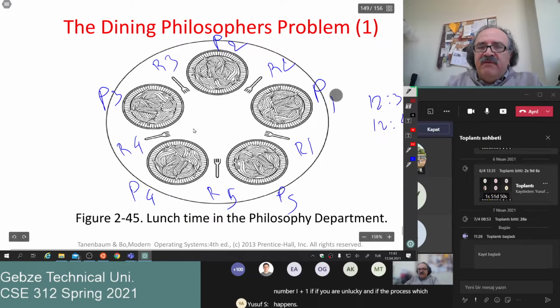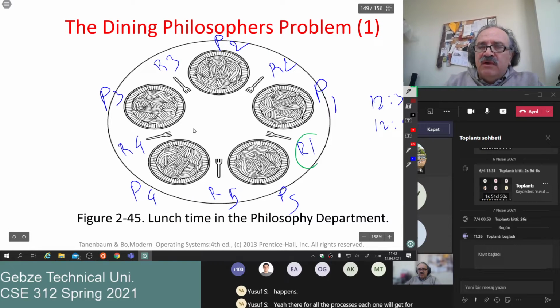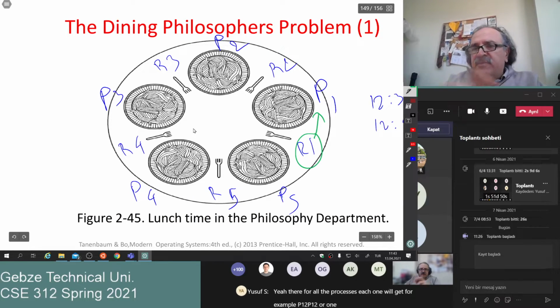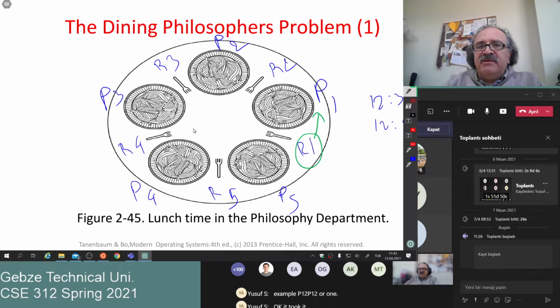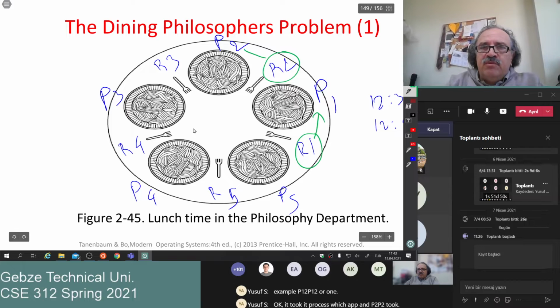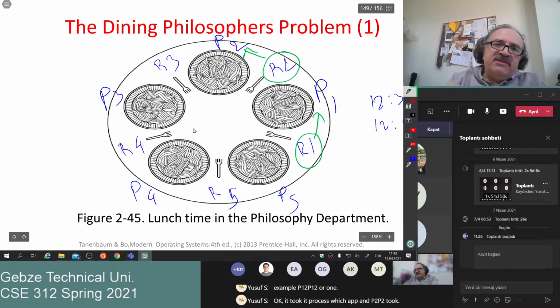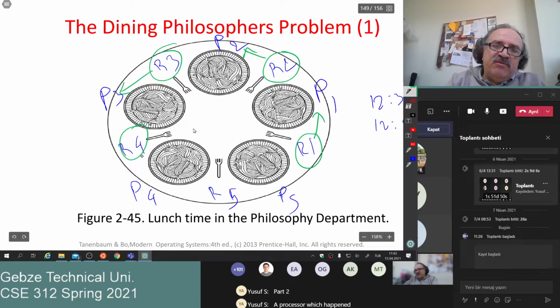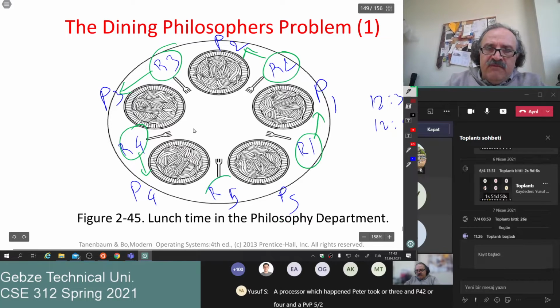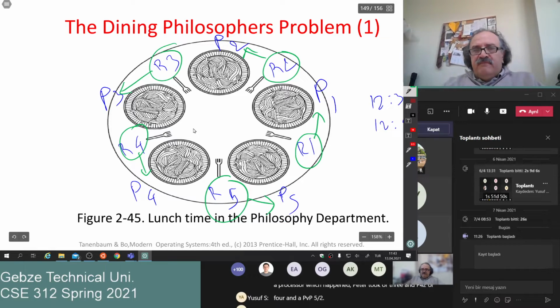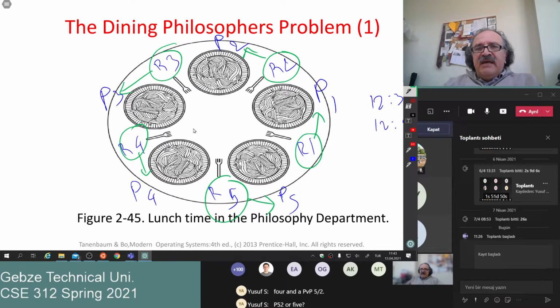For example, P1 took R1, process switch happened. P2 took R2, and process switch happened. P3 took R3, P4 took R4, and P5 took R5. And then they are all waiting.